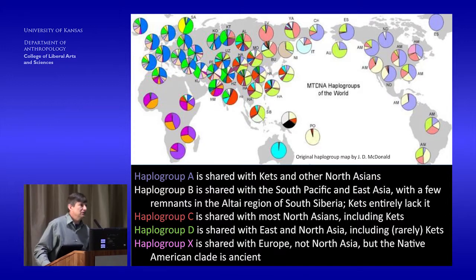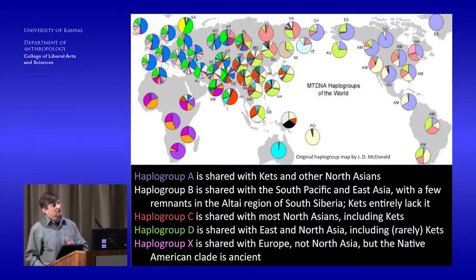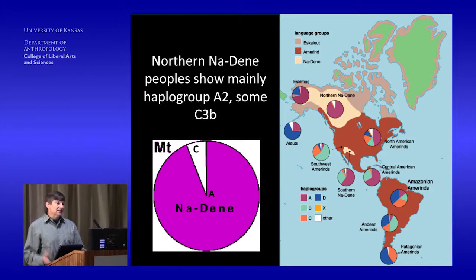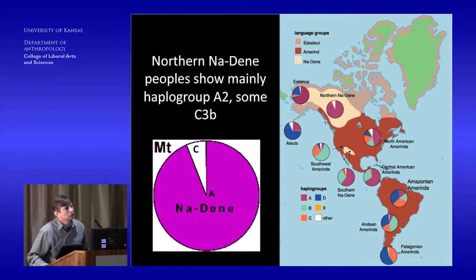So the mitochondrial DNA of Native Americans is more complicated and of more diverse and more ancient origins than we have with the Y DNA, which seems to be predominantly one single haplotype. Right? Na-Dene, very interesting. They only have predominantly one of those haplogroups in their mitochondrial DNA.